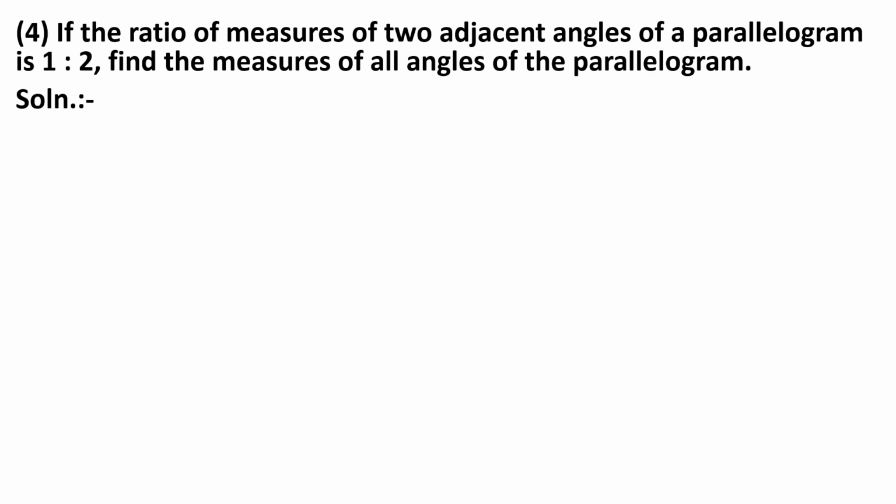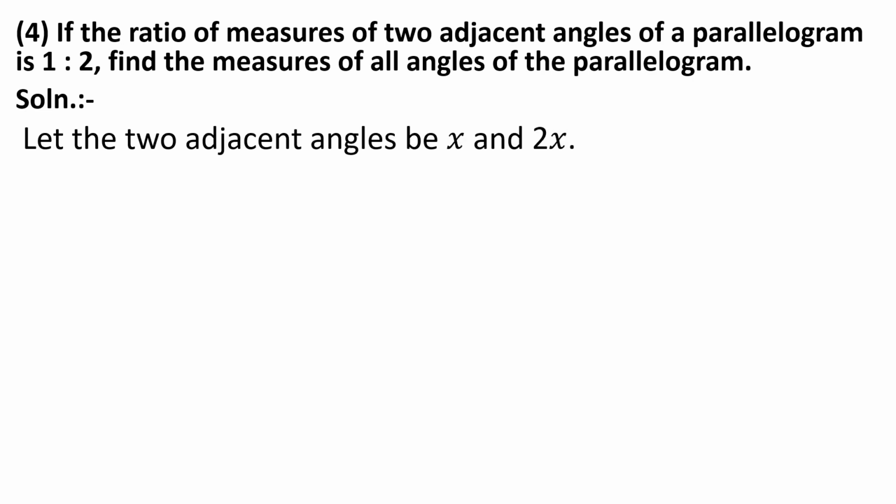Question number 4. If the ratio of the measures of two adjacent angles of a parallelogram is 1:2, find the measures of all the angles of a parallelogram. Here the ratio is given 1:2, so we have to multiply with the common multiple. So let the two adjacent angles be x degrees and 2x degrees. Means what?